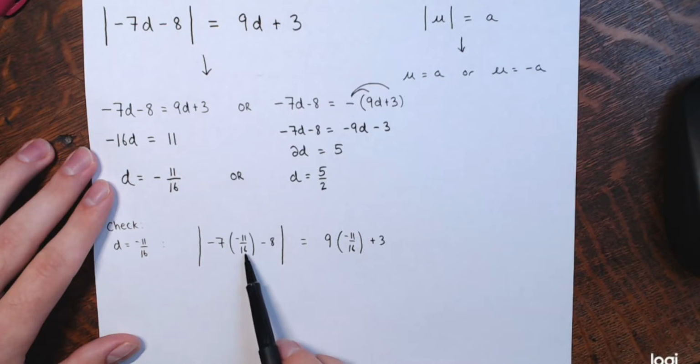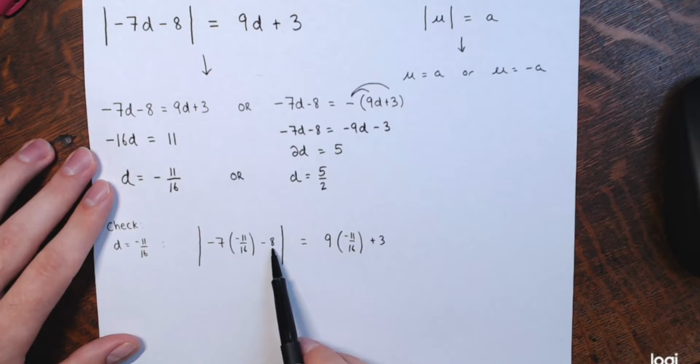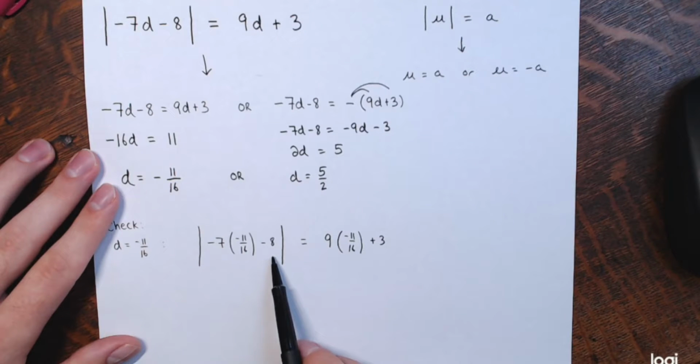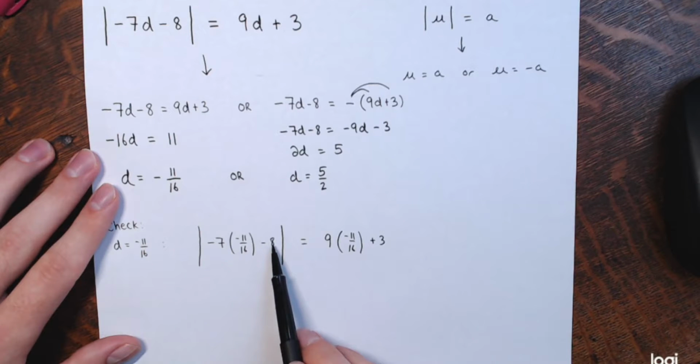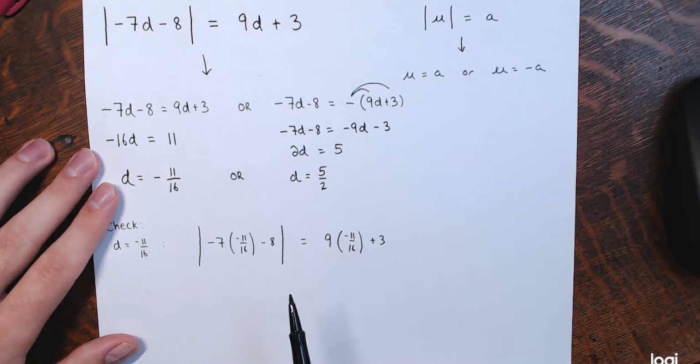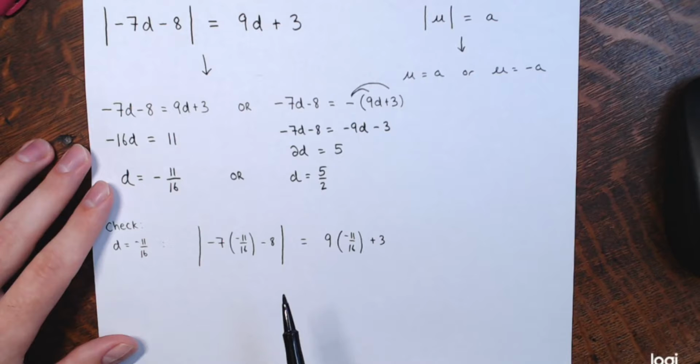77/16, and then 8, when you write it as a fraction with a denominator of 16, would be 128/16. 77 minus 128 would be -51. Yeah, 77 plus 51 would be 128.